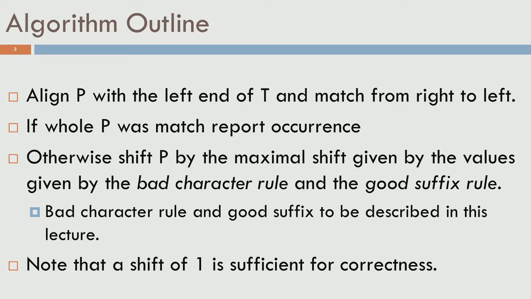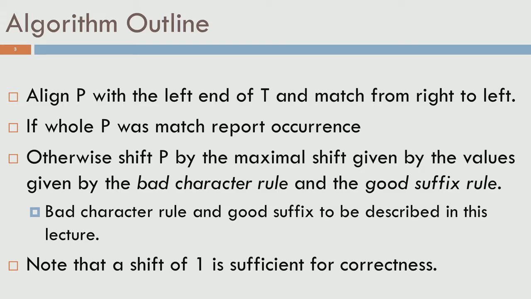If P is found to match the substring of T with which it is aligned, then we report that P has been found. Otherwise, we identify how much to shift P to the right, or rather to align P with another substring of T which occurs to the right hand side of the text string T, and this maximal shift that we use is given by one of two rules which are called the bad character rule and the good suffix rule.